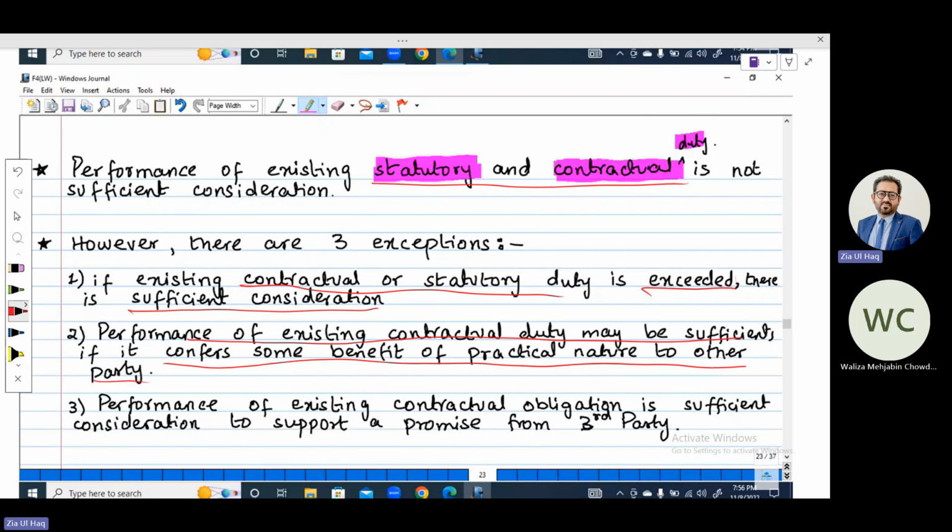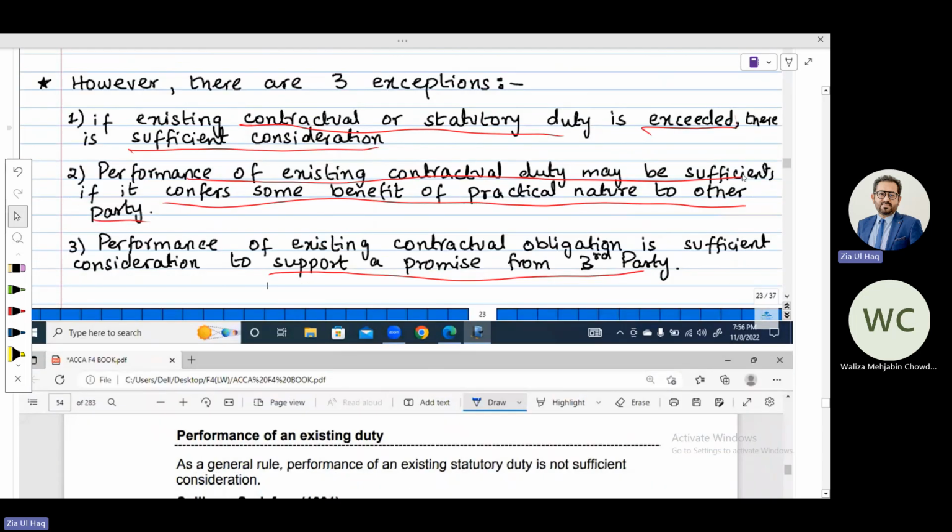Meaning, by performing your existing duty, if the other person has gained some extra benefit, then you can claim some extra wages because due to your extra effort, he got something extra. Performance of an existing contractual obligation is sufficient consideration to support a promise from a third party. What does that mean? Let's discuss our case.